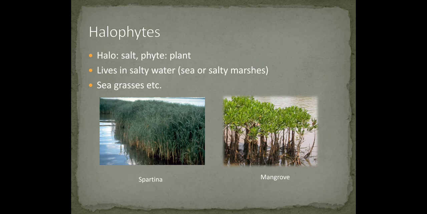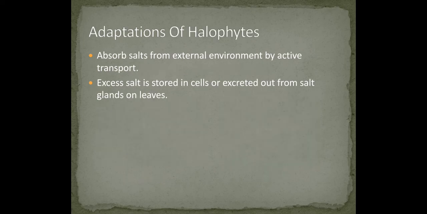In the previous class, you studied that water always moves from hypotonic to hypertonic. So they face a problem that they can lose their water, right? Because of the salt concentration, the water moves out of their body. Although water in their surroundings is present in pretty large quantity, because of that salt concentration, water leaves their body.